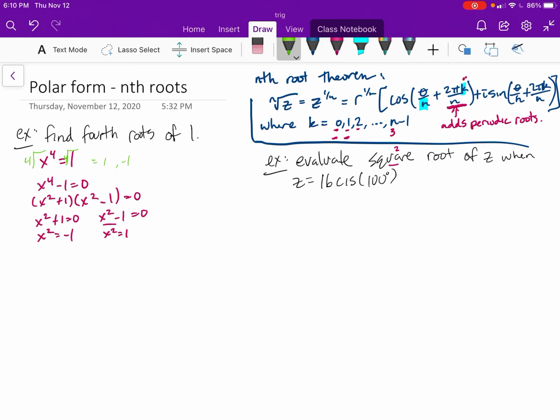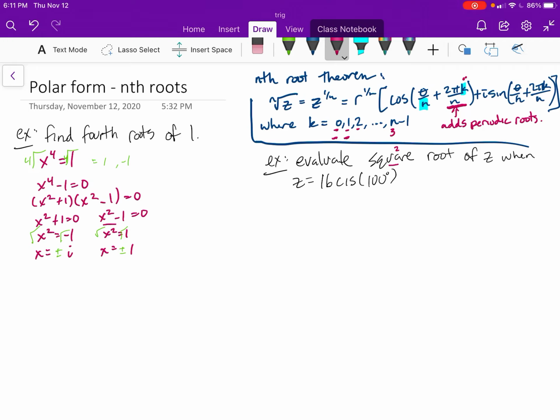So now when we take the square roots, remember you need plus or minus. So x equals plus or minus 1. And x equals the square root of negative 1, which is i, so x equals plus or minus i. So there are 4 solutions: 1, negative 1, i, and negative i.